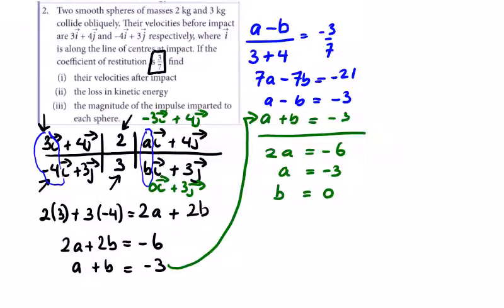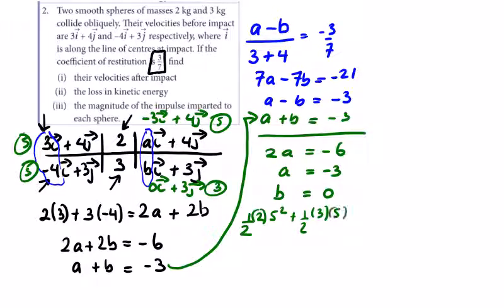Then we're asked for the loss in kinetic energy. So the magnitudes: you can see both of these are 5, where you have a 3 and a 4. And down here it's just going to be 3 because we have a 3 and a 0. So a half mu squared is a half times 2 by 5 squared plus a half times 3 by 5 squared. So that's the kinetic energy before, which is 25 plus 37.5, which is 62.5.